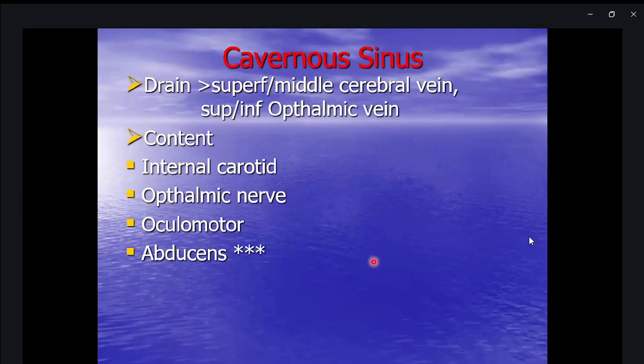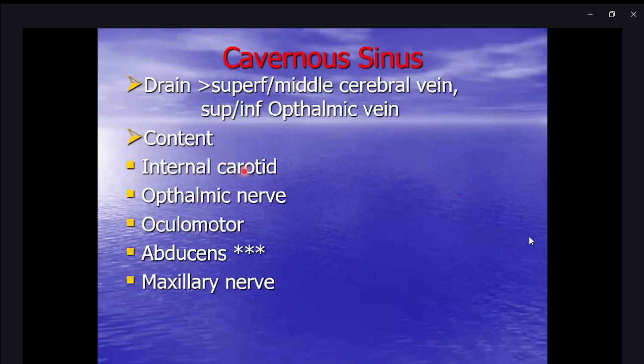Within the cavernous sinuses, most of the nerves supplying the eyeball and also the eye muscles pass through. Therefore, if the cavernous sinus is affected, then these nerves are damaged. Sometimes you can have an aneurysm of the internal carotid.